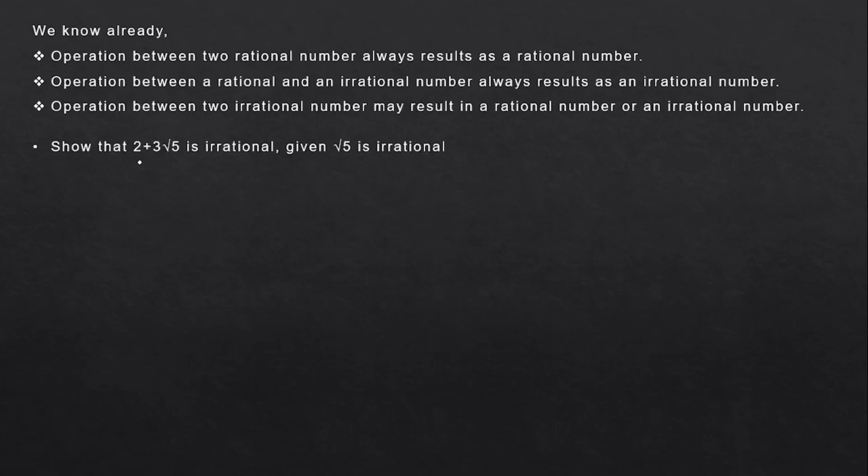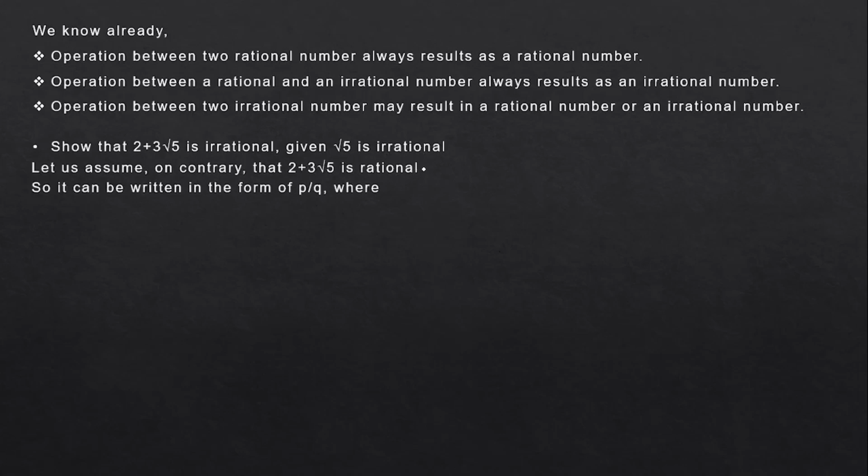Now we have to show that 2 plus 3 root 5 is irrational, where we have an operation between a rational and an irrational number, considering root 5 is irrational. Again, we will solve this using contradiction, and assume that 2 plus 3 root 5 is rational, can be written as p by q, q not equal to 0, and p and q are co-prime integers.